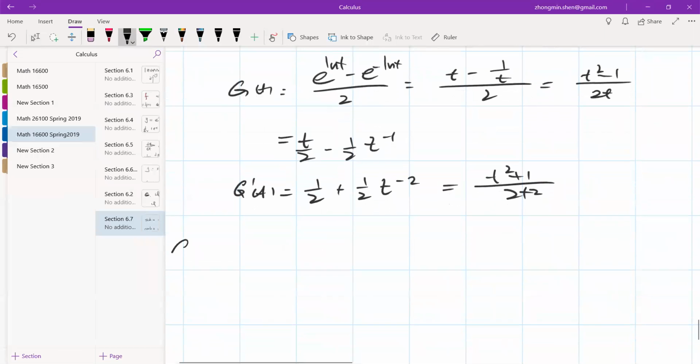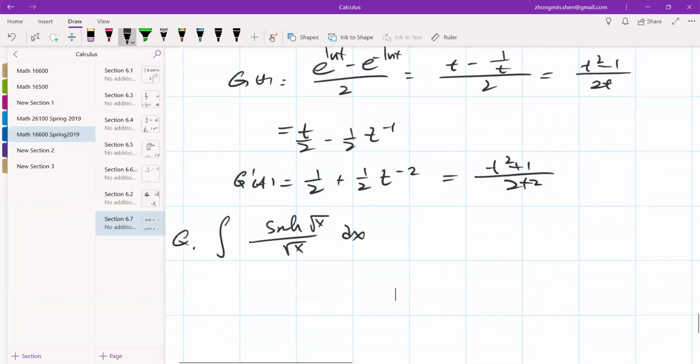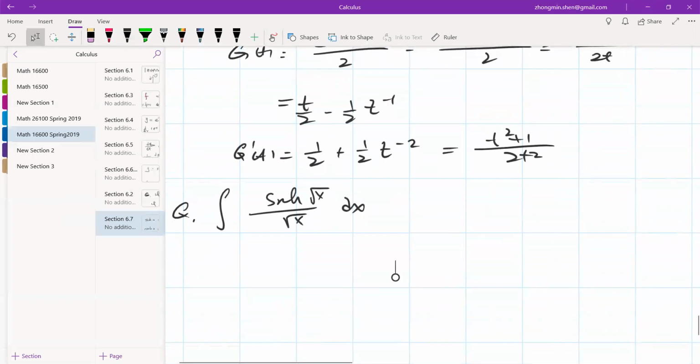Okay, let's take a look at the next one. Evaluate the integral of this. We have to use a substitution to simplify. The natural substitution is u equals square root of x, so du equals this.